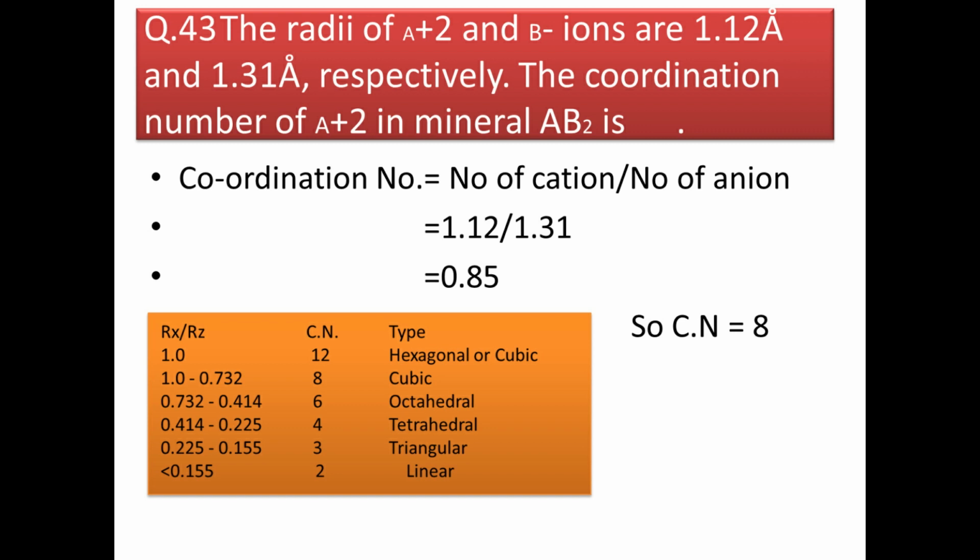So here we have to first take the ratio of radius of cation divided by radius of anion, and then we have to compare the radius ratio values with the corresponding coordination number. So here if you put the values, you will get the radius ratio as 0.85, which lies in the range of 0.732 to 1, and hence its coordination number is 8.